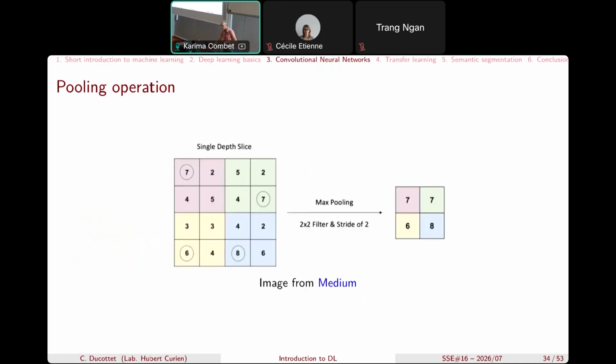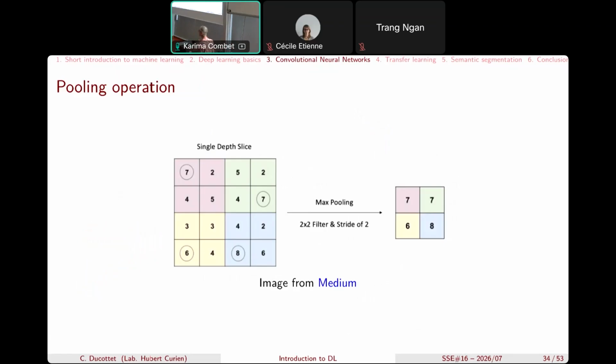So at the end, there is another type of operation that we have to do also. This is what is called a pooling operation. What is a pooling operation? It's much more simple. The purpose of a pooling operation is to change the number of pixels that we have.